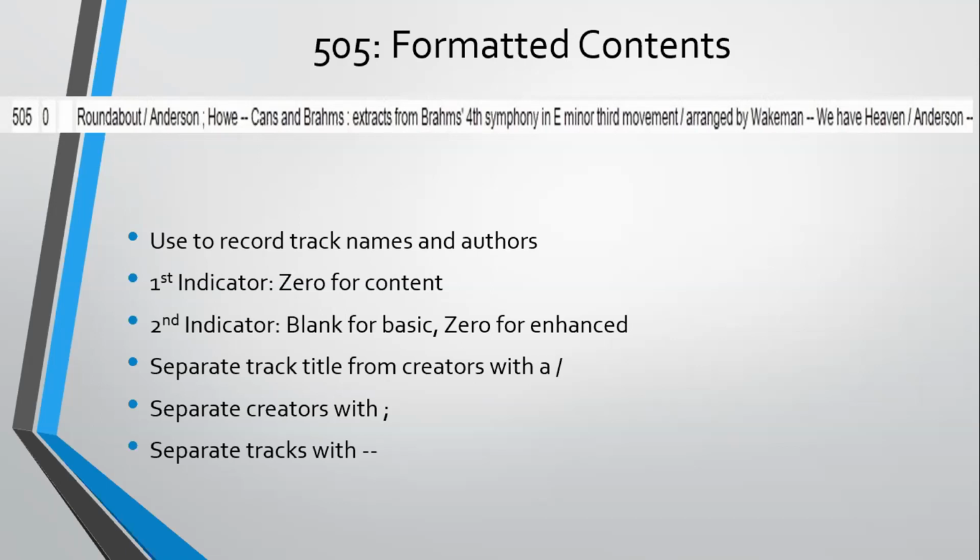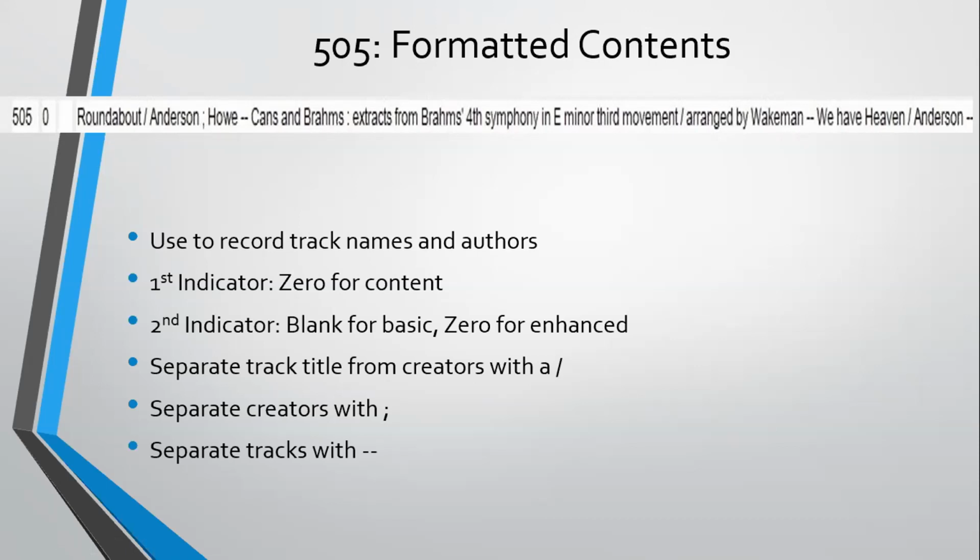Second indicator, blank for basic, and then 0 for enhanced if you're using those subfields that we talked about yesterday to break down what's title information, what's extra information, what's a statement of responsibility, and so forth. So you can have a separate part of your table of contents for the different track titles and creators, and you're going to separate them with a slash, just like you do in a 245 field.